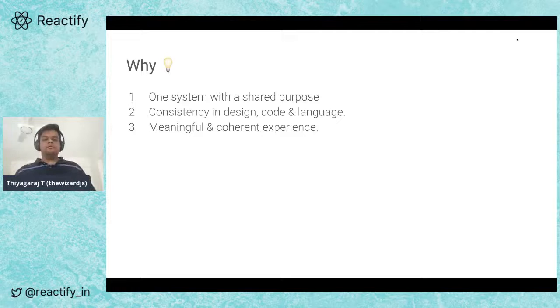So it's very important that you provide the right set of tools, right set of principles and patterns to the team, so that they drive towards that single purpose. The second is, obviously we want consistency between the design, the code, and the language, right? There might be some tooling involved. You want to make sure that there's no delta between design and implementation, and language is also pretty important.